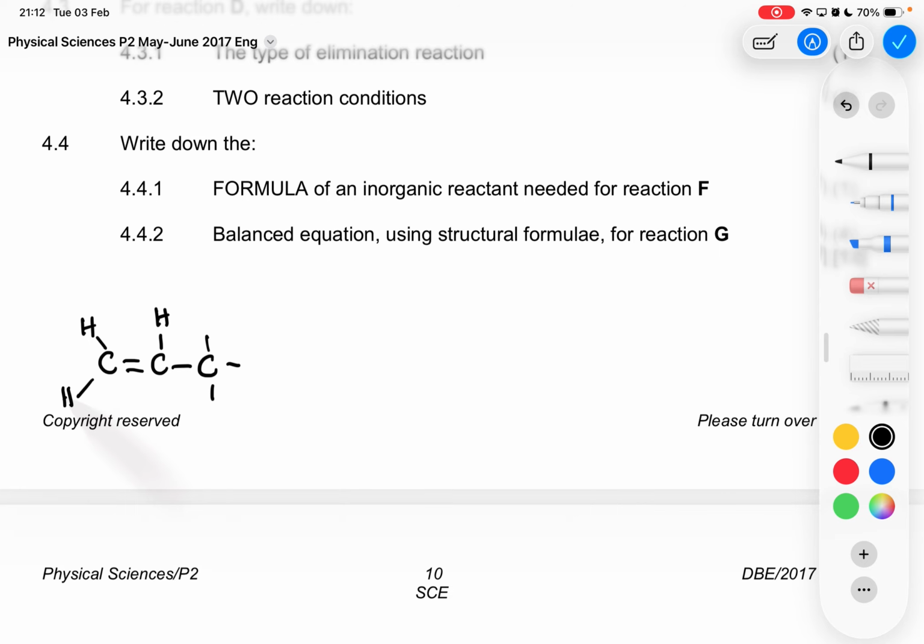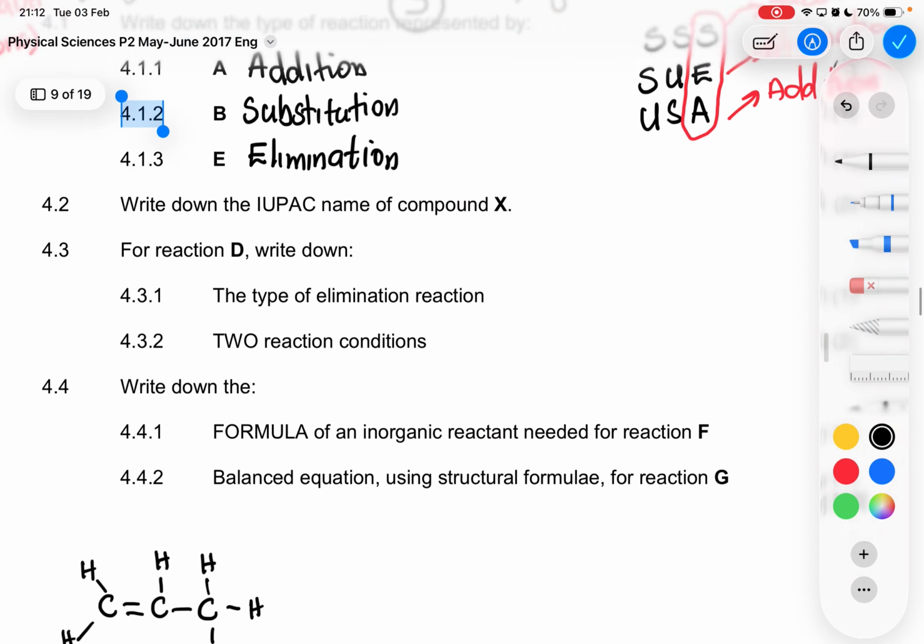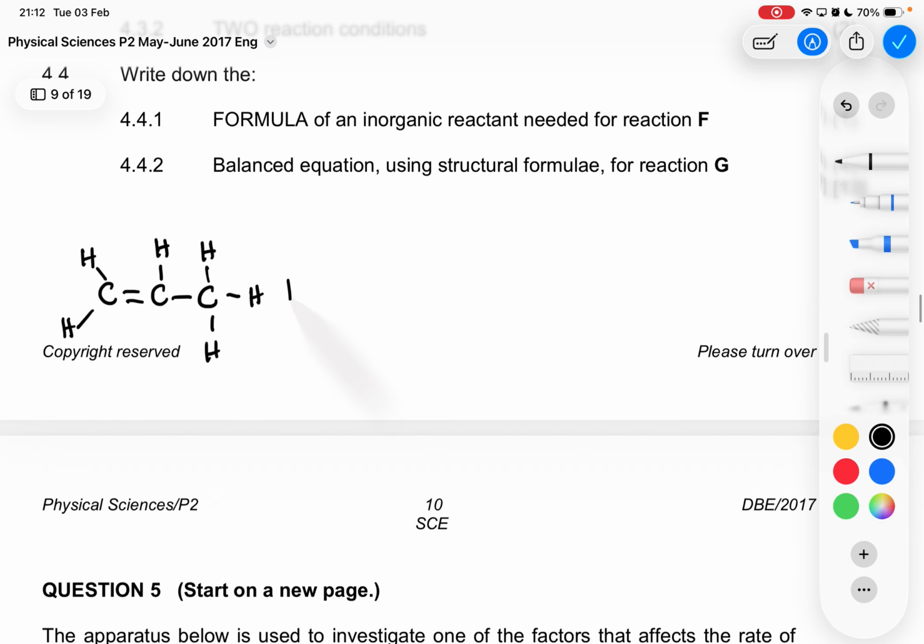So you have such, in which you're going to add HBr, and this will give us the following. So here I'm also showing you how to write a balanced equation using structural formulas.